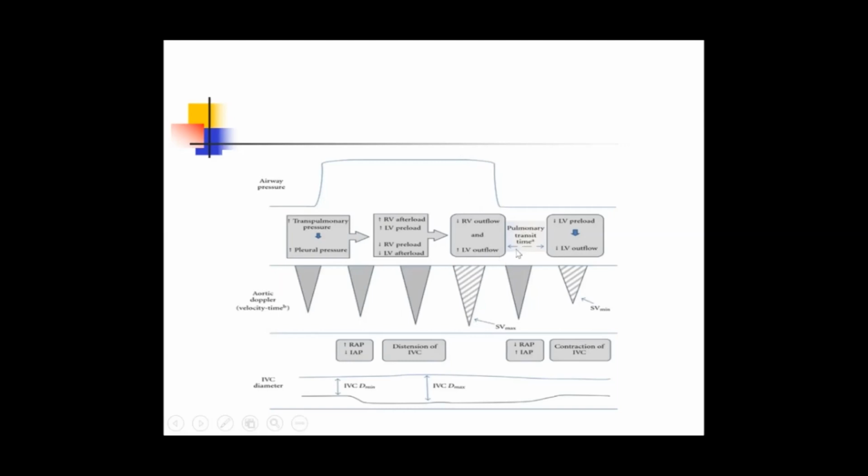Then after the pulmonary transit time, there is a decrease in LV preload and decrease in LV outflow, leading to a minimum of stroke volume. These variations are plotted with respect to the ventilatory cycle, and here we can also see how the right atrial pressure fluctuations lead to changes in IVC diameter. During inspiration there is a decrease in venous return leading to distension of the IVC, and during expiration again there is a contraction of the IVC.